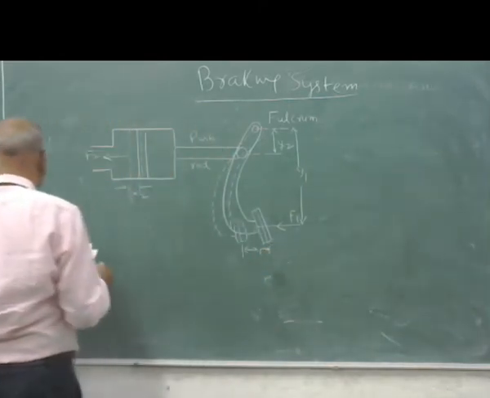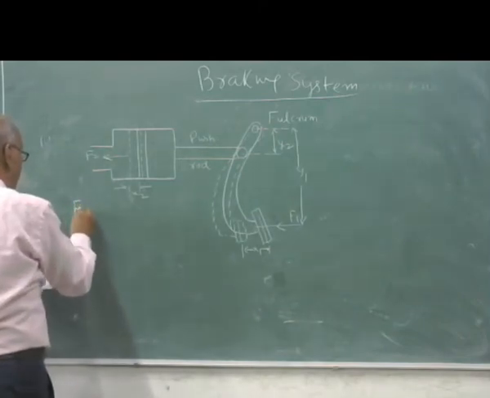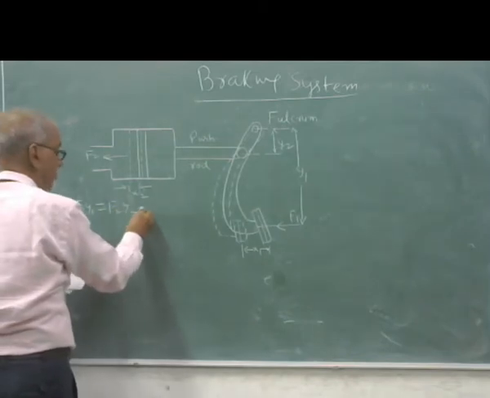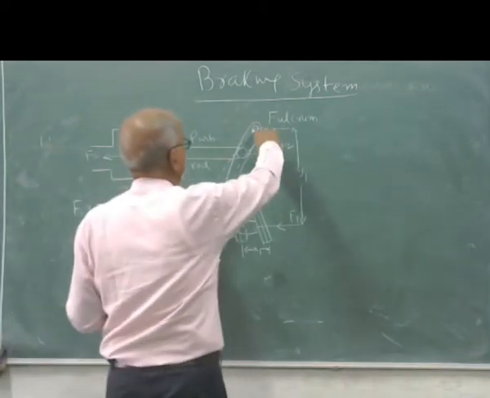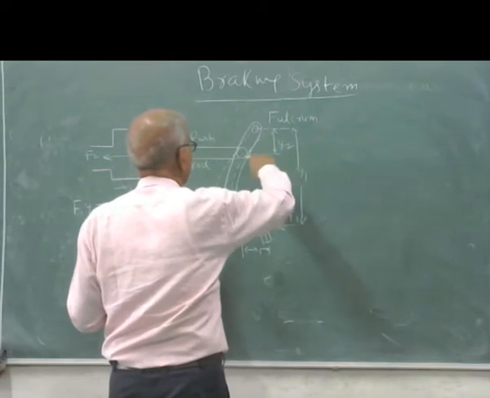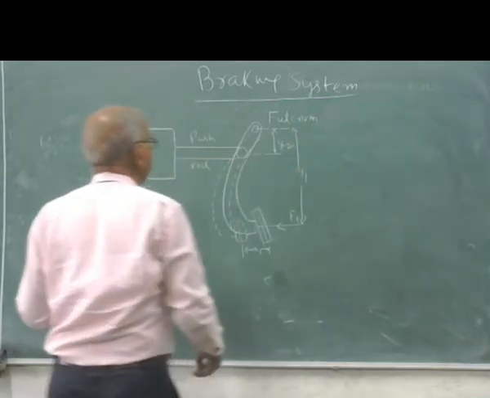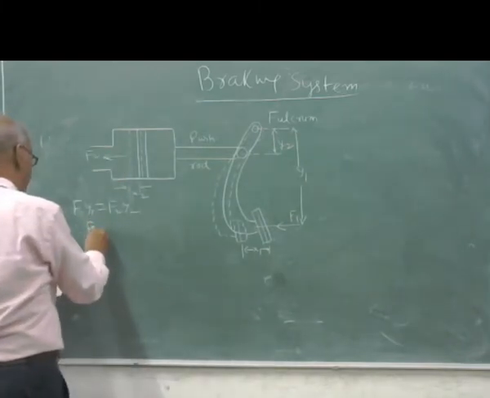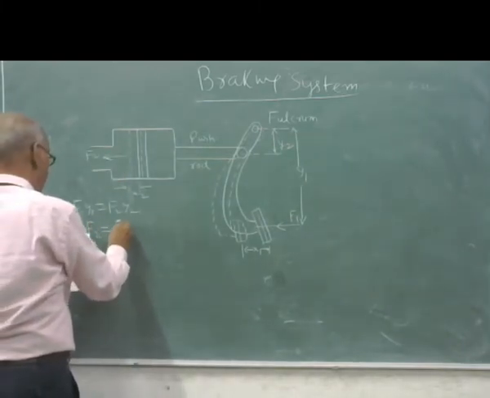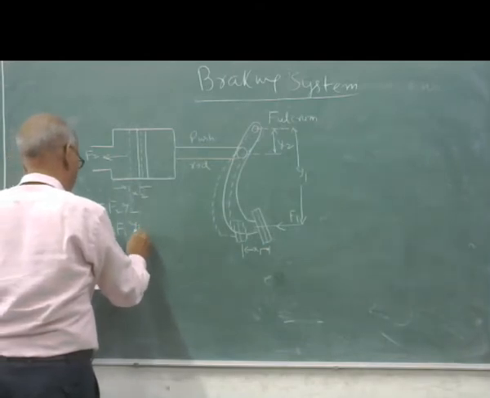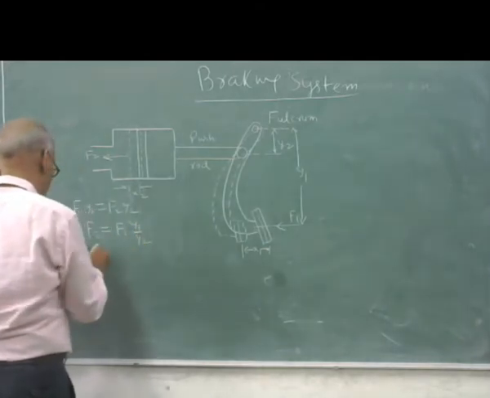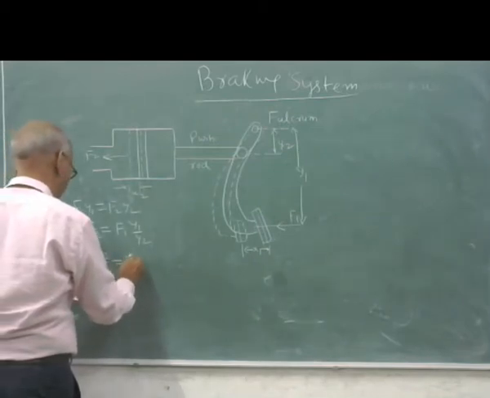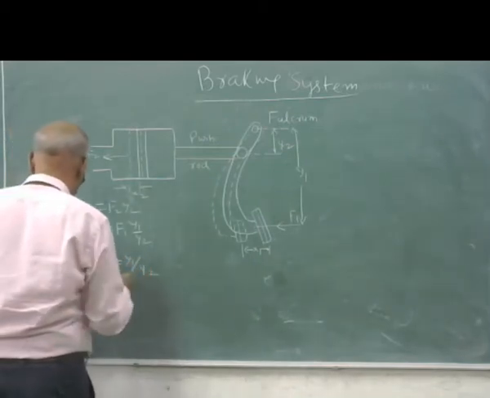So I can write F1 Y1 is equal to F2 Y2. That is the distance from the fulcrum previously and afterward. Therefore, F2 can be written as F1 Y1 upon Y2. Also, X2 upon X1 can be written as Y1 upon Y2.